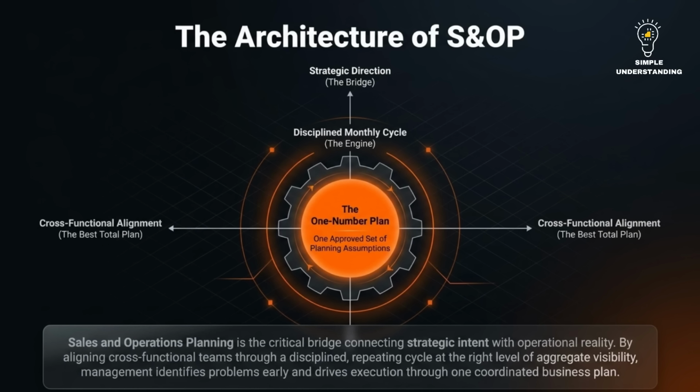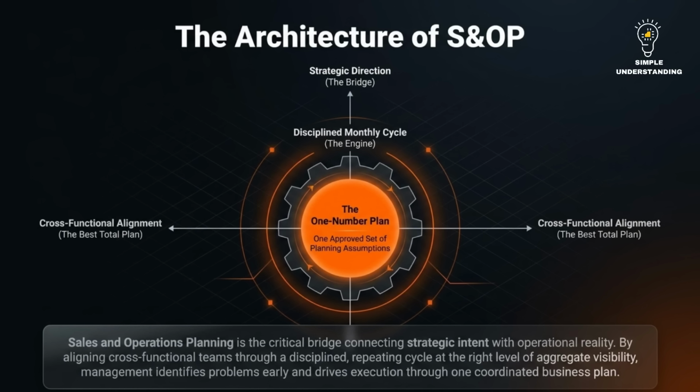Fourth, follow a disciplined planning cycle. The S&OP cycle includes data preparation, portfolio review, demand review, supply review, reconciliation, executive approval, and communication of the final plan. Finally, create one coordinated plan.